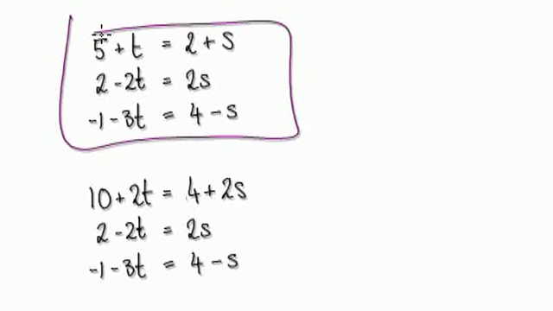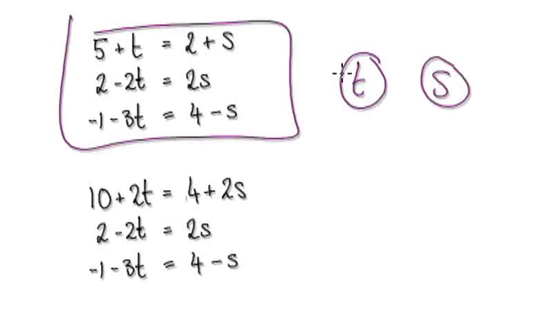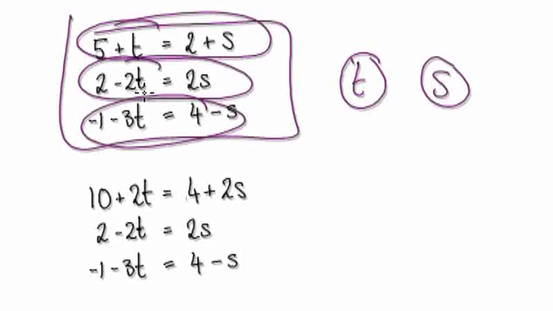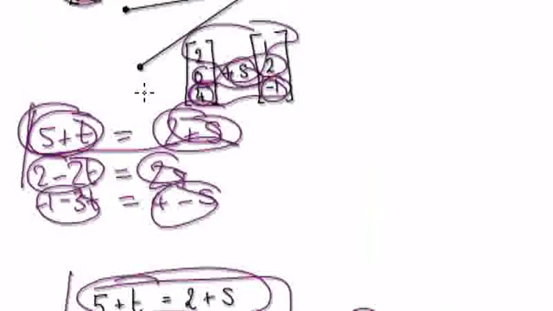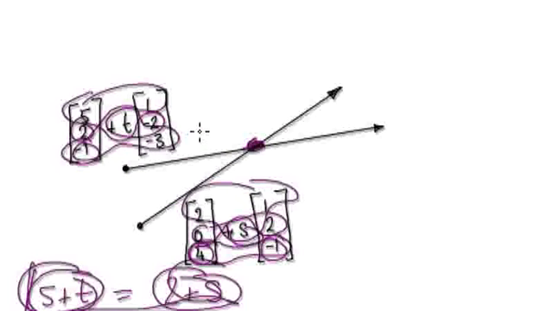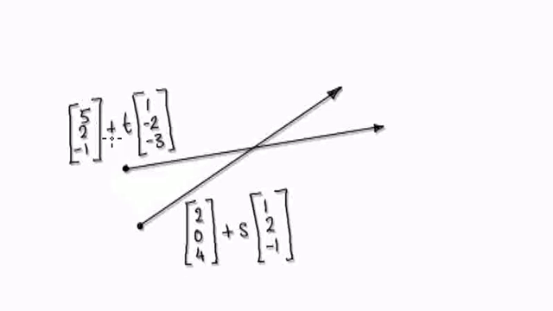So we are looking for a value of t and a value of s for which all three will be satisfied. Remember, what's happening here is that this thing here is this vector here.